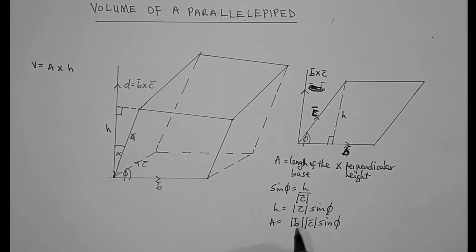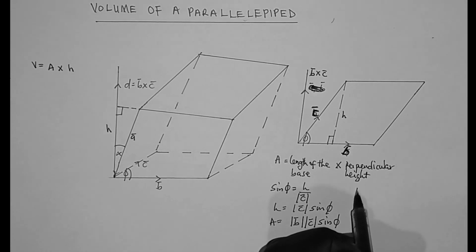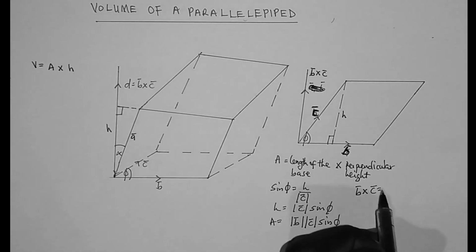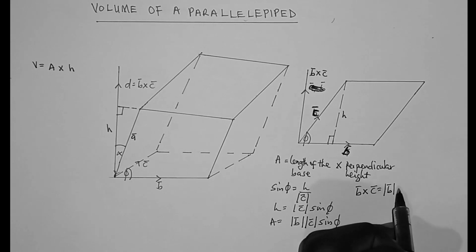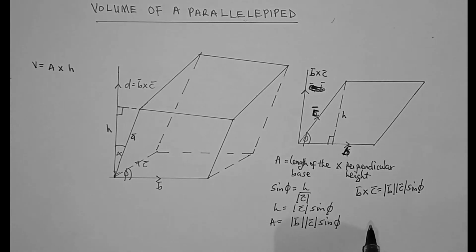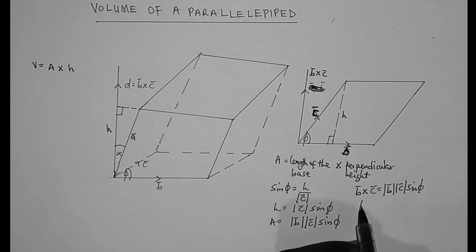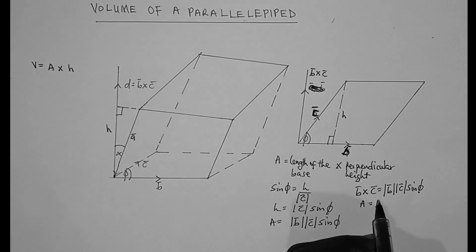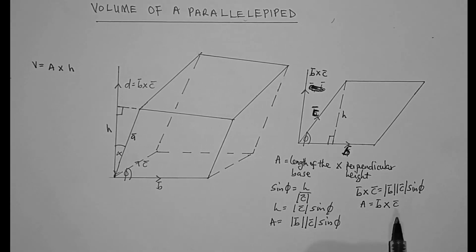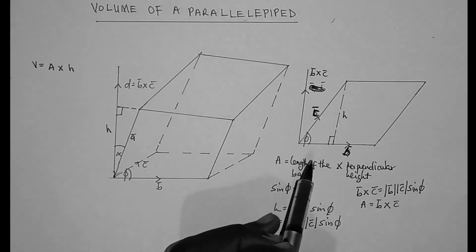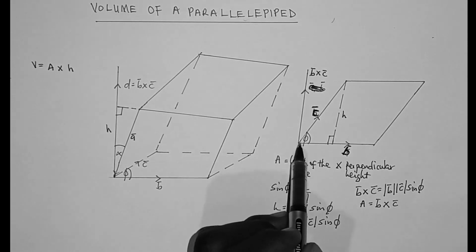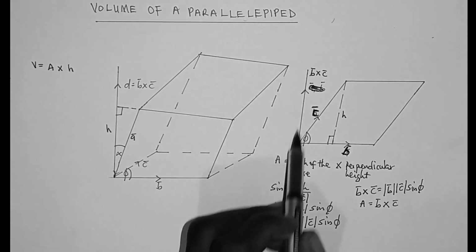However, we know that the vector B cross the vector C is given as the magnitude of the vector B times the magnitude of the vector C sine phi. So therefore, the area A is equal to the magnitude of vector B cross vector C. But because it is a cross product, B cross C is also in the direction perpendicular to the base.